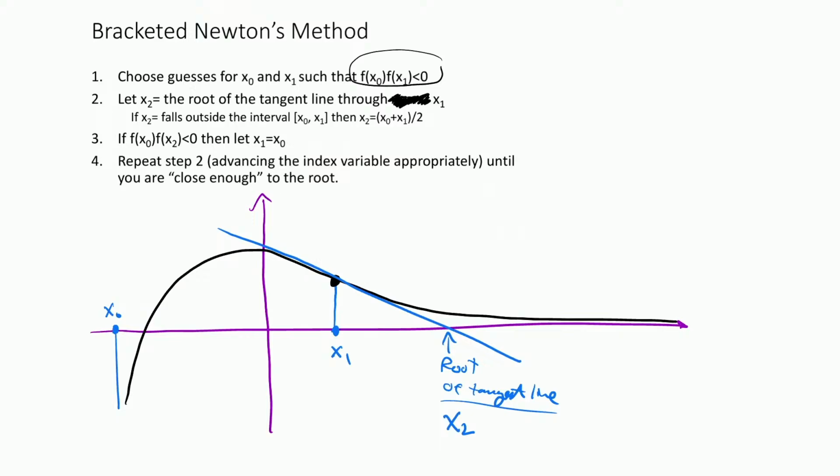I want to get closer to the truth, not further from the truth. So if it's ever outside the original interval, then we're just going to take the midpoint. So that's not going to become x2. We're going to choose to use the midpoint. So here, x2 is the average.